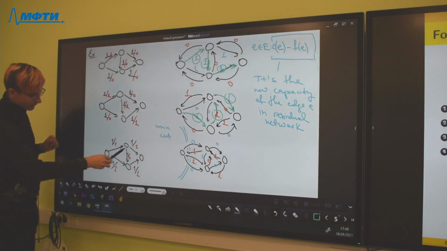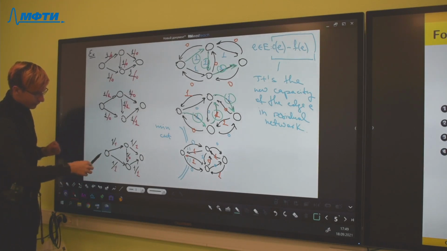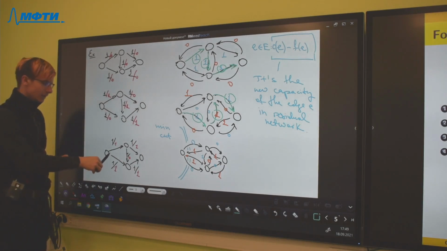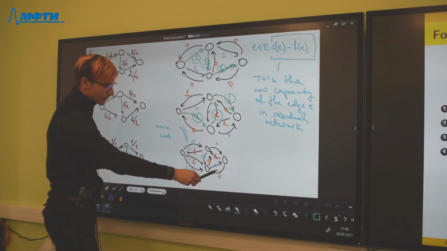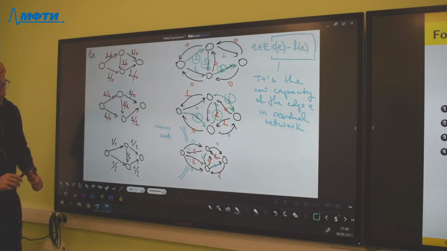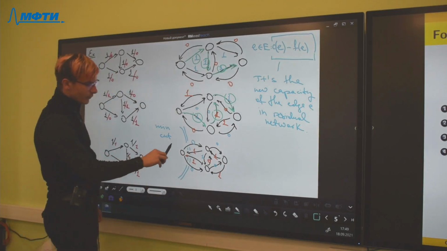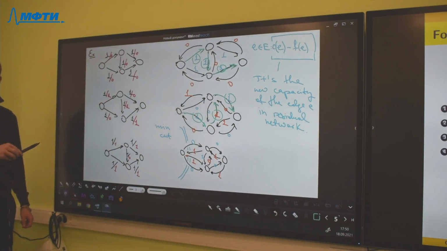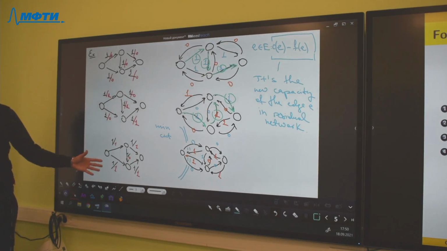And now we have a flow that has a value equal to 2, and if we draw the residual network, we see that there is no path from source to the sink. Do you see? Okay. And then we say that it is the maximal flow in the graph.